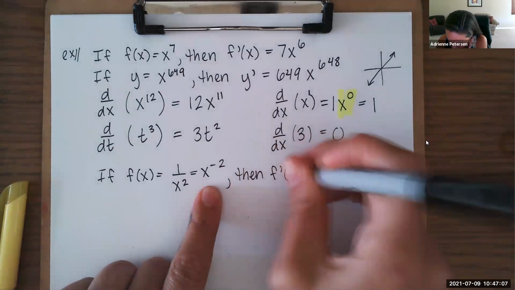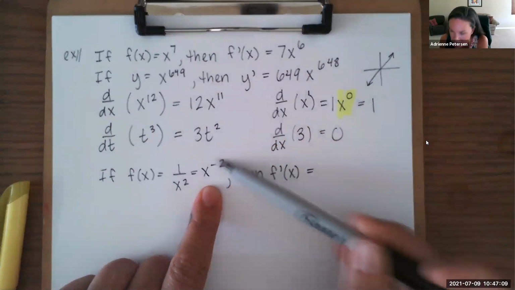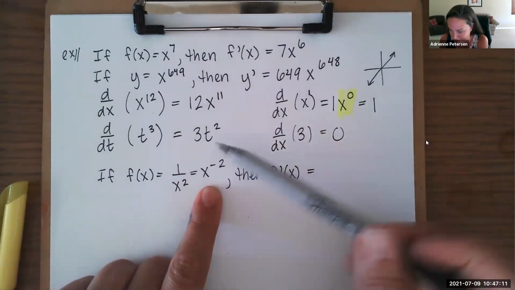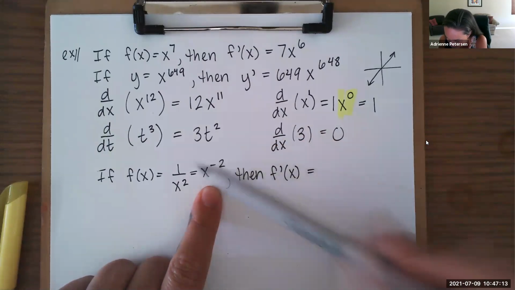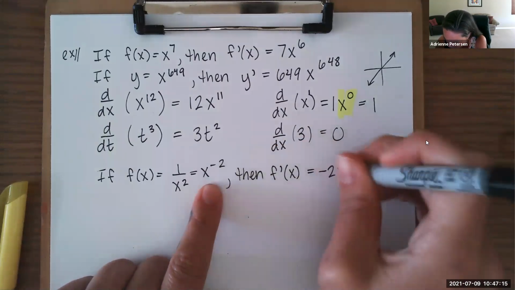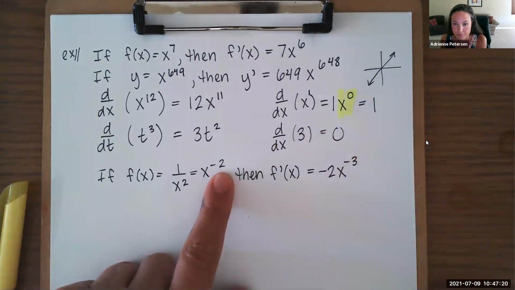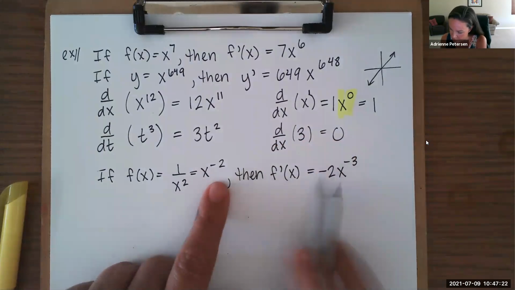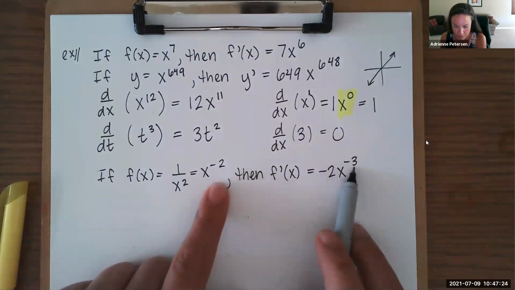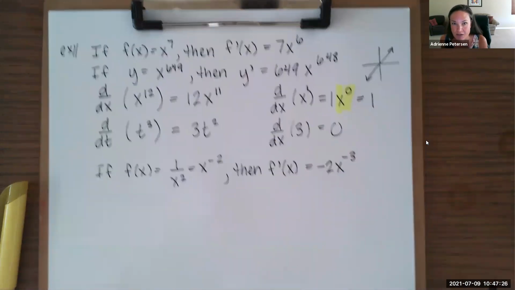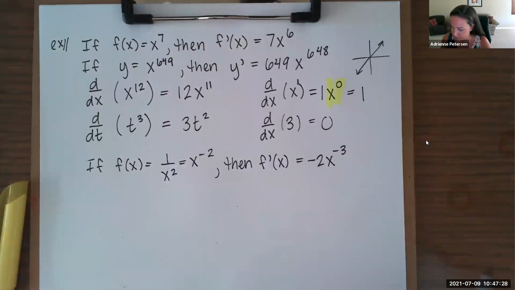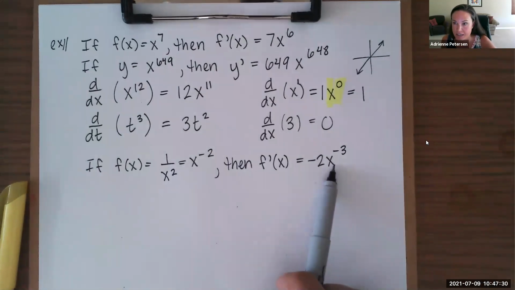Now that we have this in the standard form, to find the derivative, f prime of x, we can still use the power rule. The proof just only applies to polynomials. So we bring the -2 down in front, and then we decrease our power by 1. Now, for the purposes of WebAssign, for our homework, for our quizzes, for our exams, you can leave your answer exactly like this.